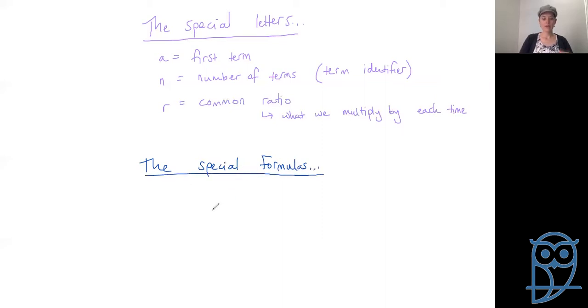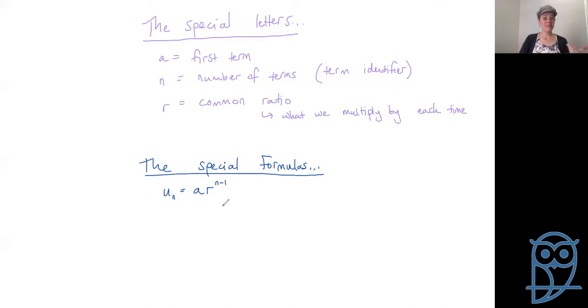Okay, so UN was our term, our U3 third term, U10 10th term. So for a GP, we have UN equals A times R to the N minus 1.